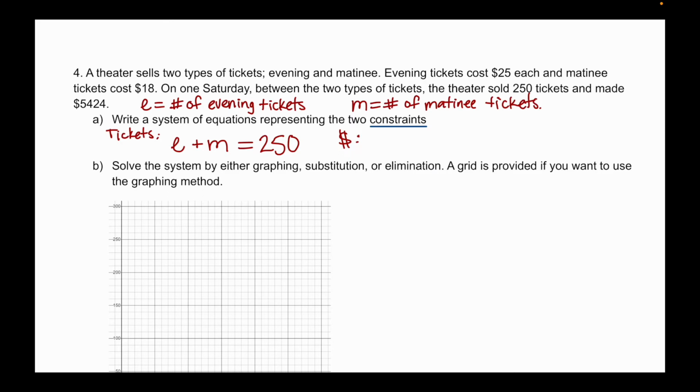So they told me one type of ticket was $25 each, the other one was 18, and then they made a total amount of money here, 5,424. So this is now going to be $25 for every evening ticket, so 25E, plus $18 for every matinee ticket, so 18M, and that should be equal to the 5,424.